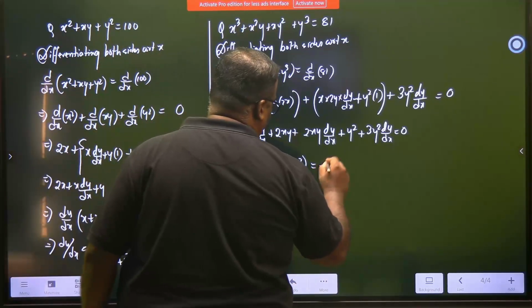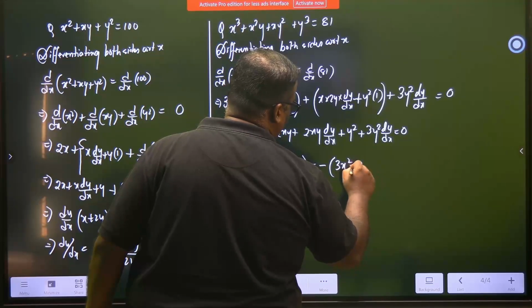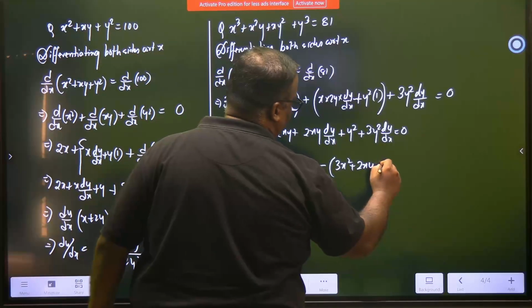I take a negative common: it's 3x squared plus 2xy, and this plus y squared.